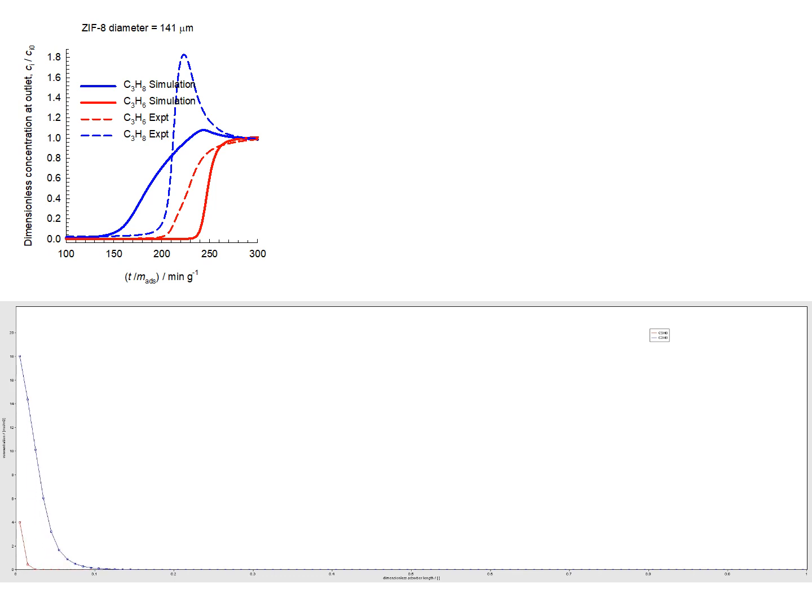What we are looking at is the development of the concentrations of propane, the blue line, and propene, the red line, in the gas phase as they traverse the fixed bed. The y-axis shows the concentrations in units of moles per cubic meter.